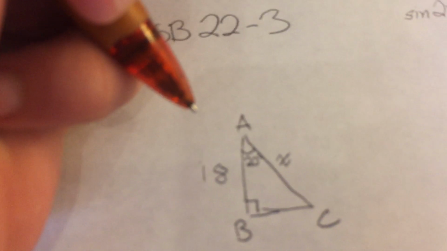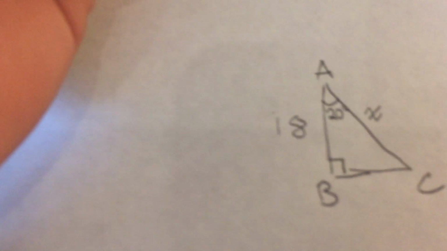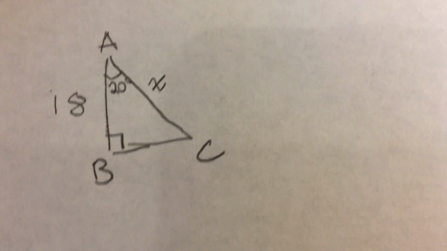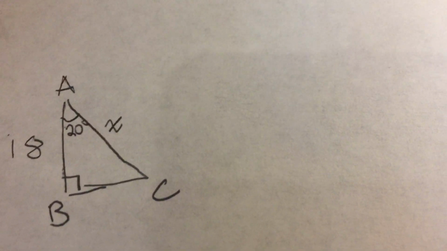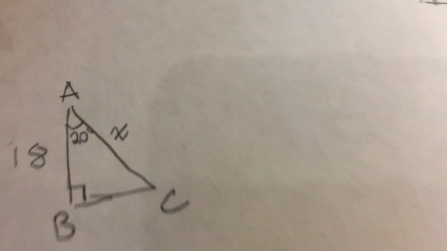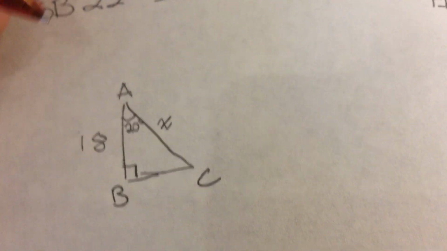So if you're given angle A, this side length, and the hypotenuse, what trigonometric ratio would you use? I'm gonna give you some time to think about that. You got it? Okay, that would be cosine.